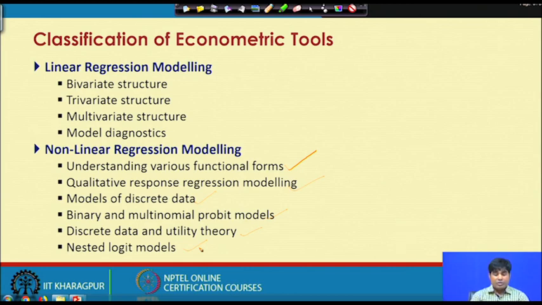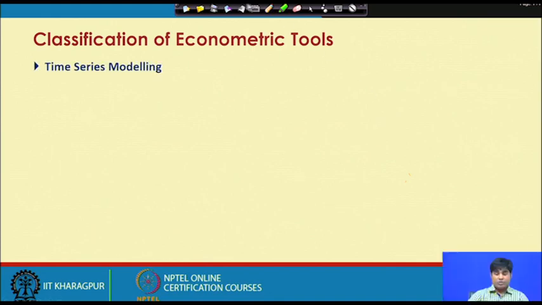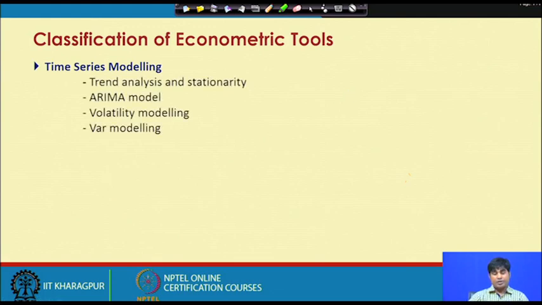So, likewise we have a different kind of modeling structure through which you can address some of the issues. Accordingly, we have some structures that we can call time series modeling, and in time series modeling we have components like trend analysis, stationarity issue, autoregressive models, moving average models, then ARIMA.